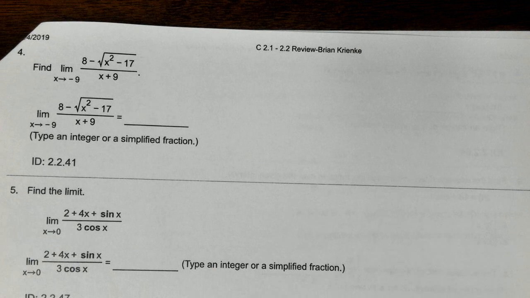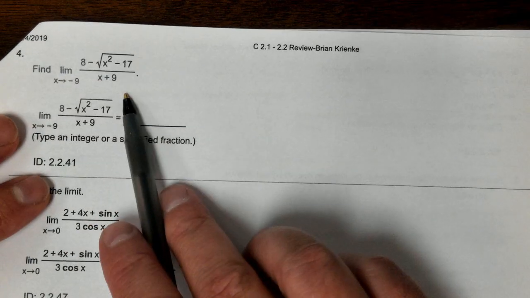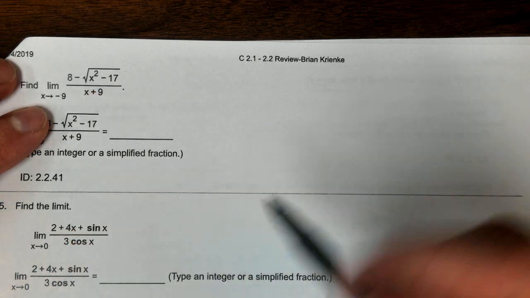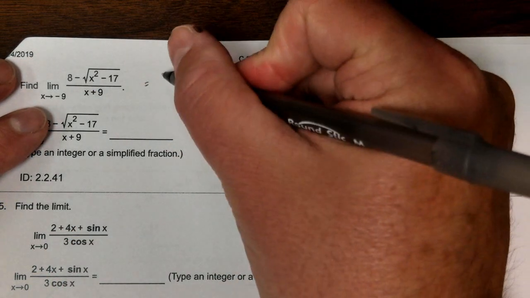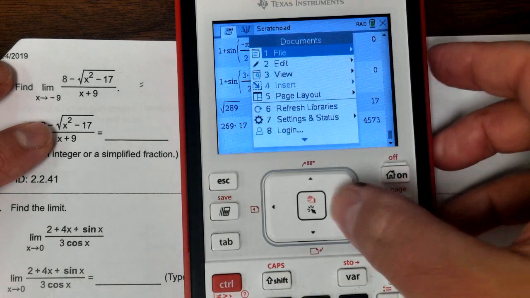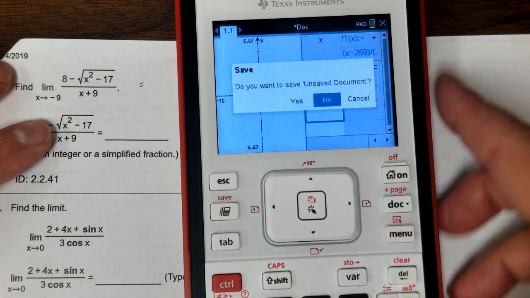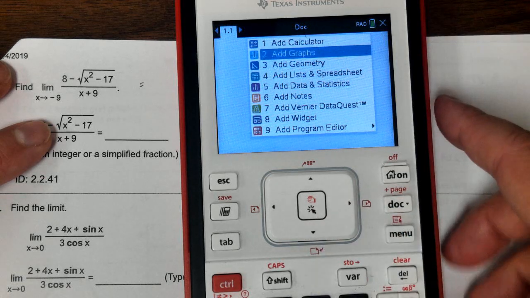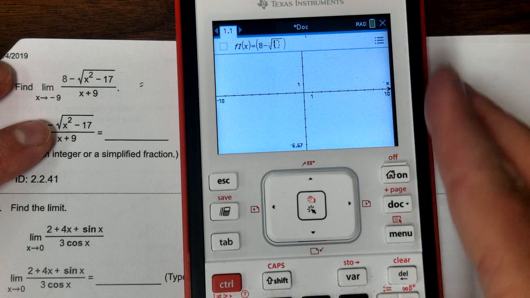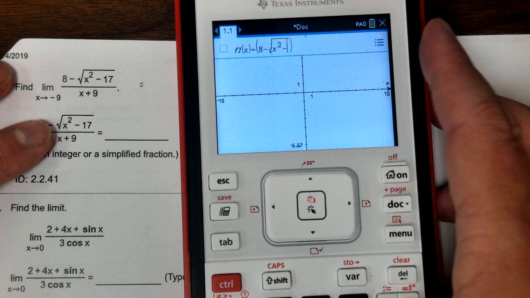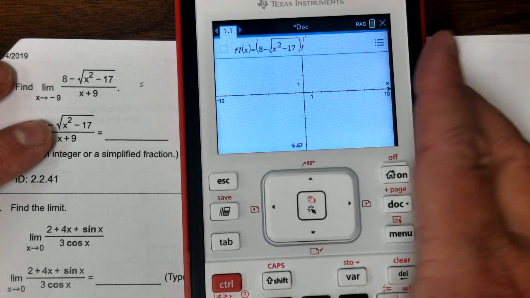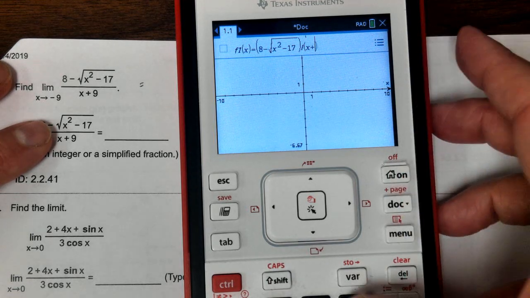The next one, we will do the same thing. If you put a negative 9 in here, let's see what happens. 8 minus the square root of x squared minus 17, all of that divided by parentheses x plus 9.